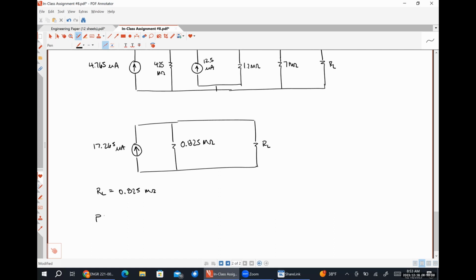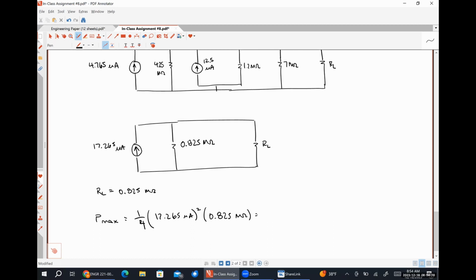And our maximum power is going to be 1/4 times that 17.265 microamps squared times that 0.825 megaohms.